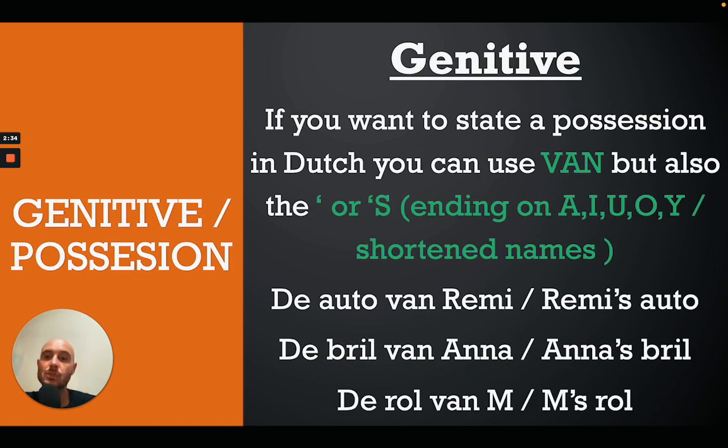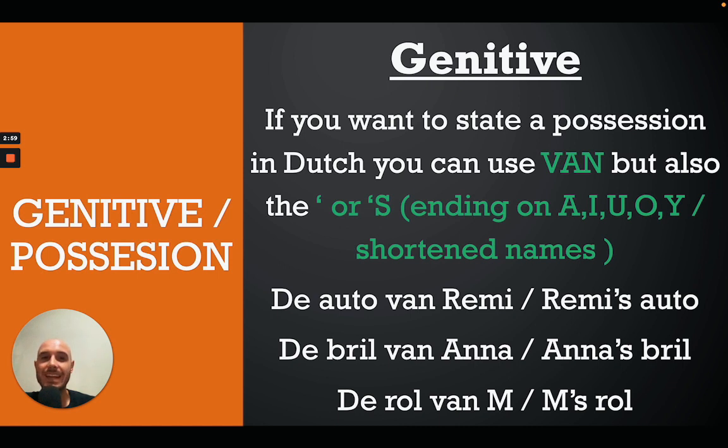We continue with the genitive, or possession. Genitive is an old grammatical word, and basically it is used when you want to state possession. As you know, in Dutch we have van, that means of. For instance, Remy's car can be de auto van Remy, but it can also be Remy's auto.